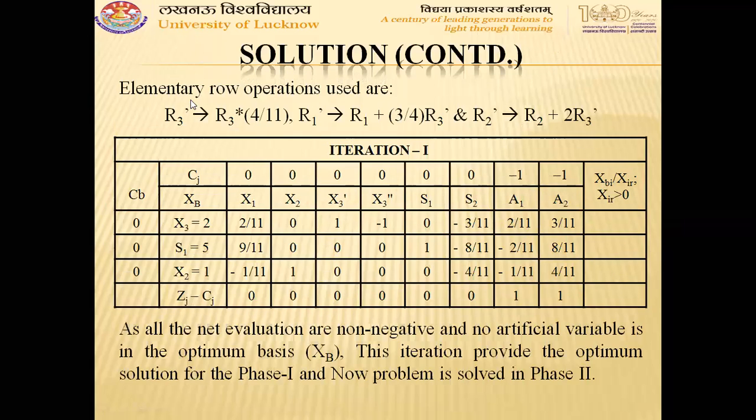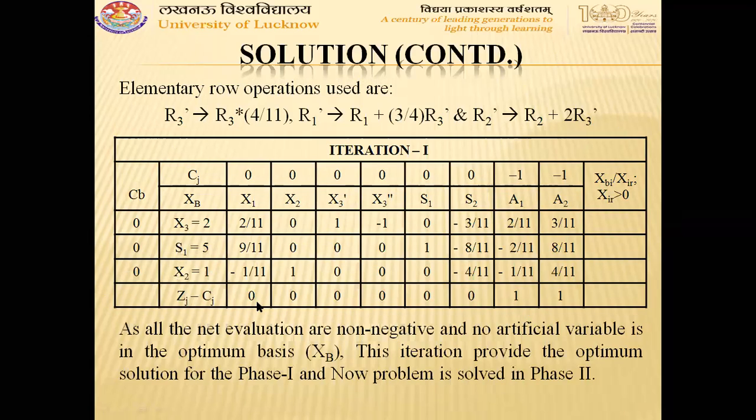On applying these elementary row operations, we obtain this table, which is our iteration 2. It gives the value of x3 equal to 2, the value of x2 equal to 1, and slack variable s1 equal to 5.